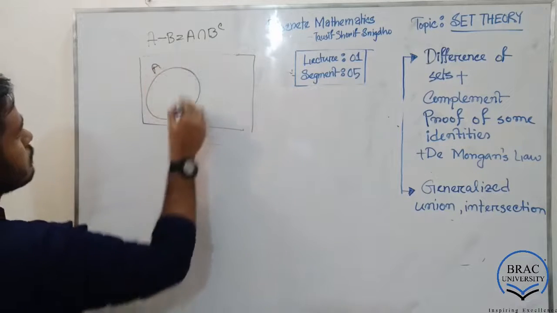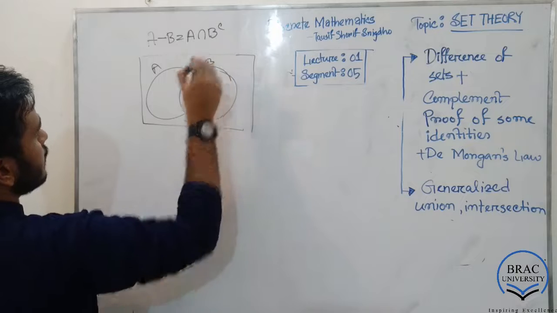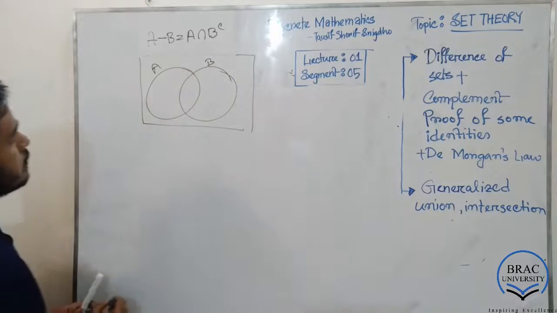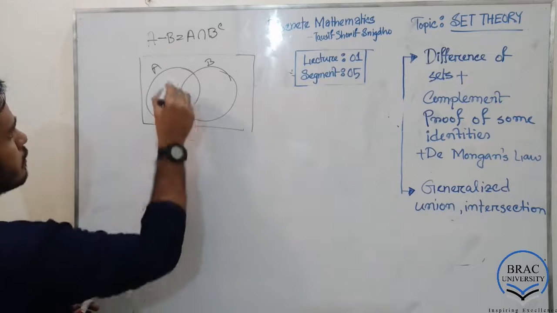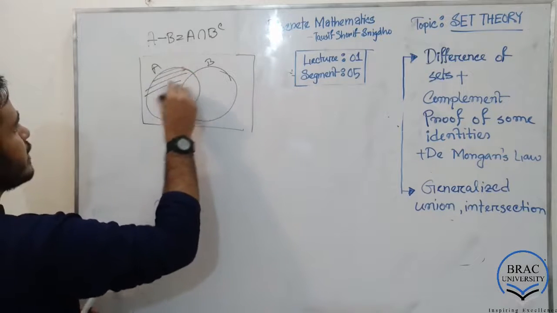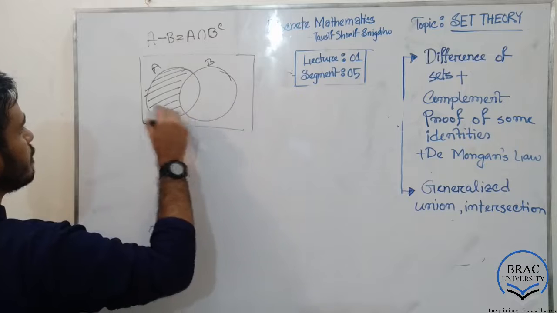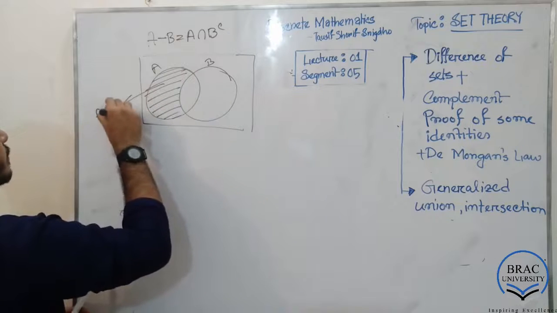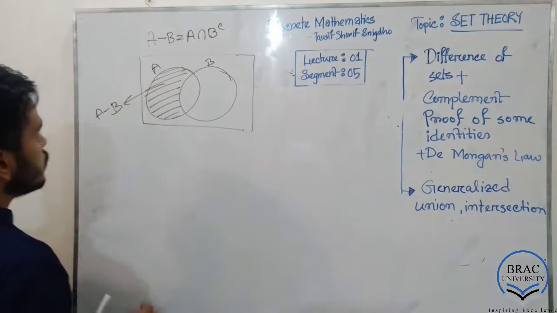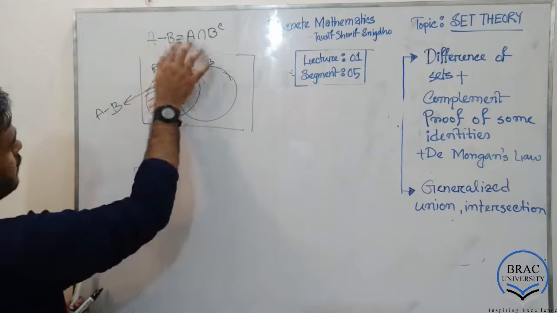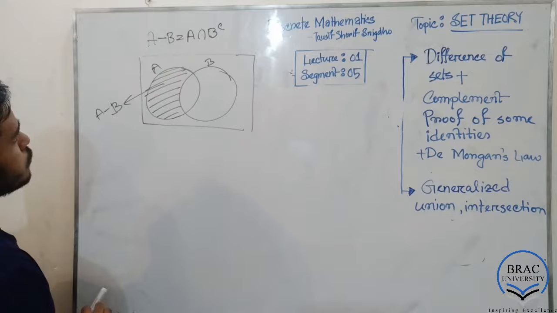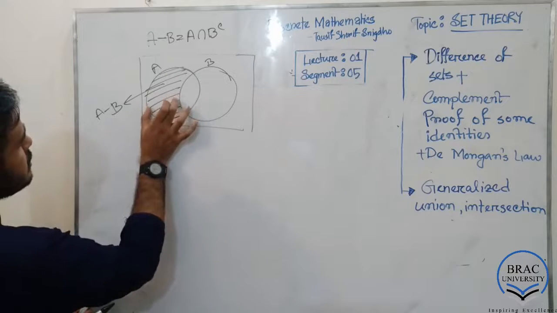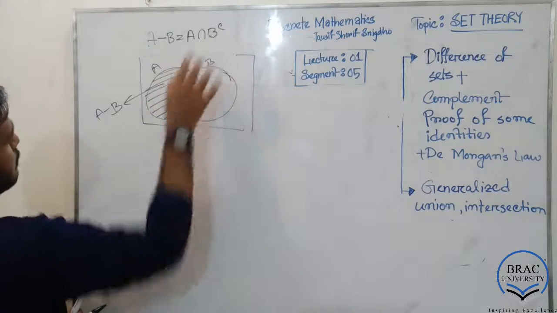This is set A, this is set B, and as we can remember from the definition of A minus B, this black shaded portion represents A minus B. So to prove A minus B equals A intersection B complement, we'll have to show that this same region represents A intersection B prime.